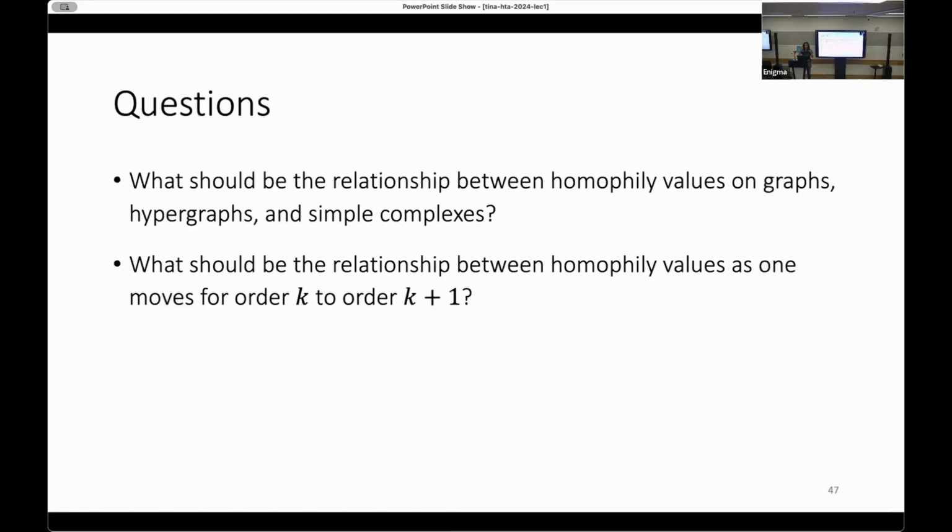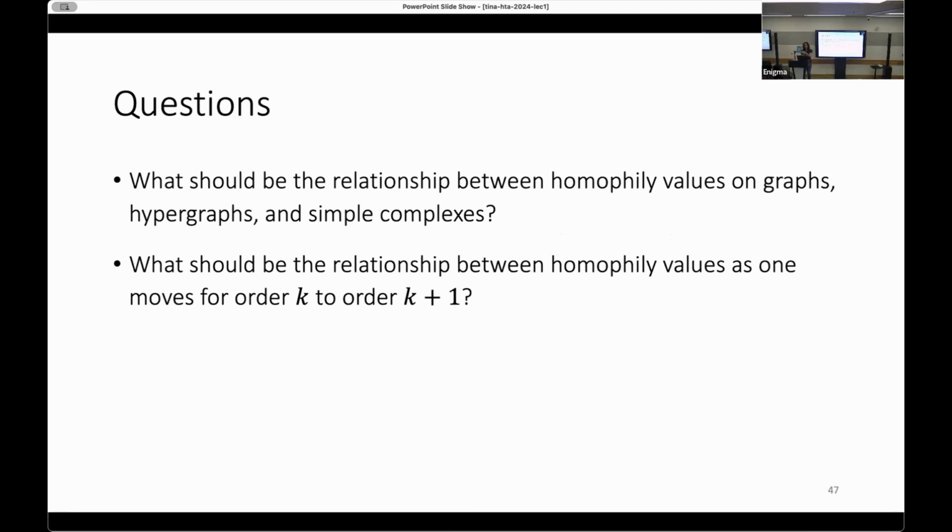So you may say, why should I care? Again, the reason you should care is because machine learning heavily relies on homophily. And if you have this kind of system that goes up and down and the homophily changes with respect to the higher order values, then maybe we should think about what should be the relationship between homophily values on graphs, hypergraphs, and simplicial complexes, right? Because the Judd-Babai paper that just came out in PNAS is saying they shouldn't be correlated.